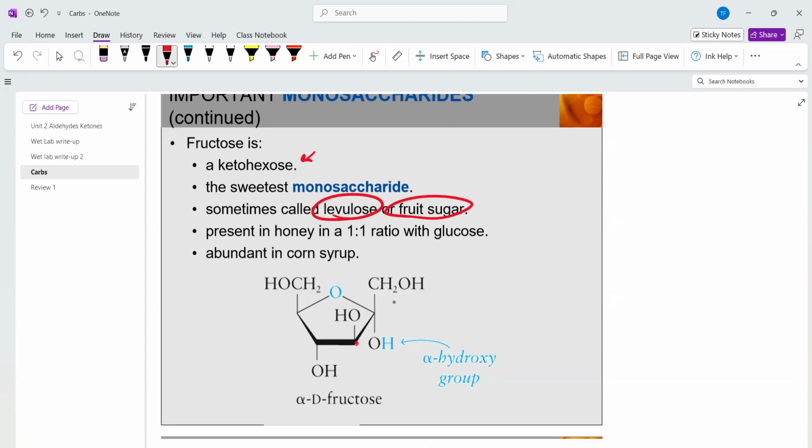That's the way I remember it. It is a ketohexose, 6-carbon. As I mentioned before, it's the same formula as glucose and galactose, C6H12O6, and it's much, much sweeter than either glucose or galactose.